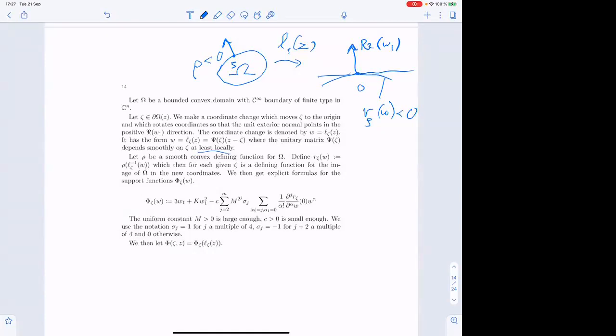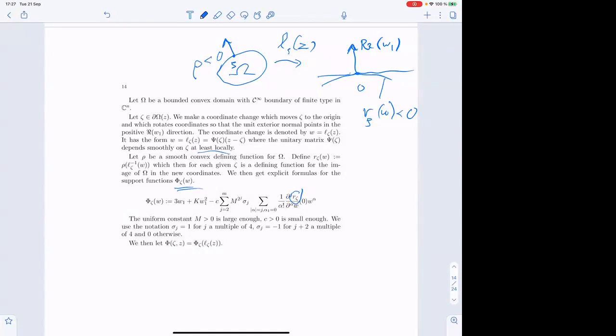So we have formulas for the support functions, but they depend on zeta; the coordinate change is built in. So zeta varies with the point on the boundary. It's seen only here because zeta appears there.